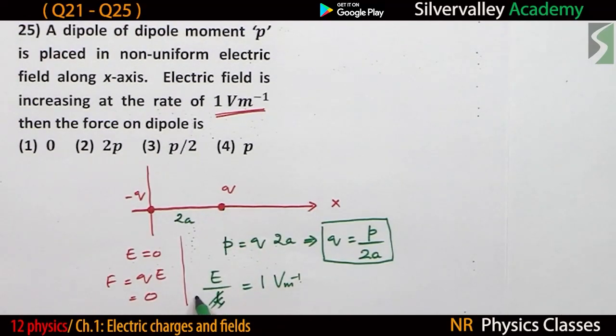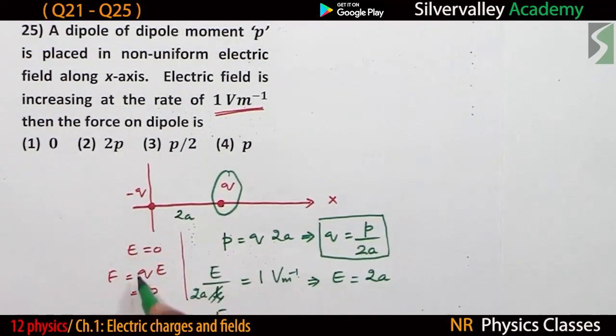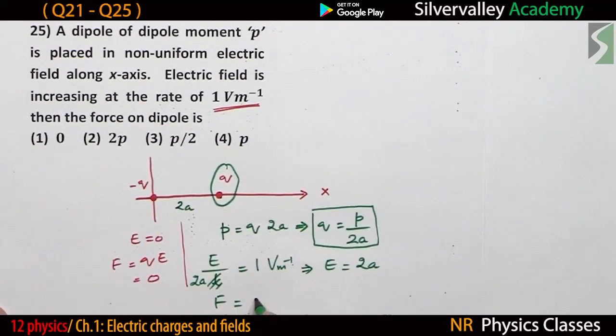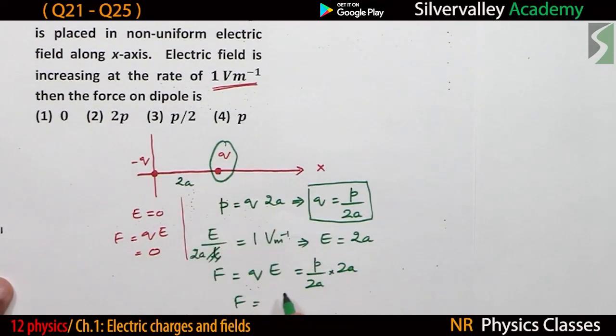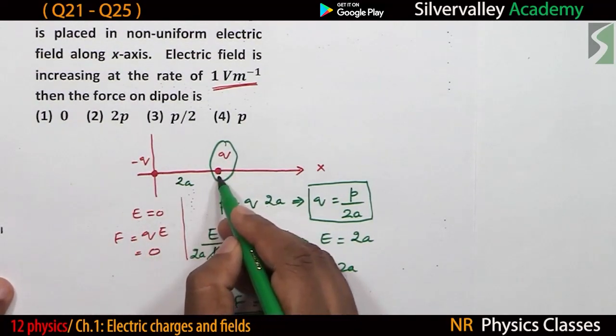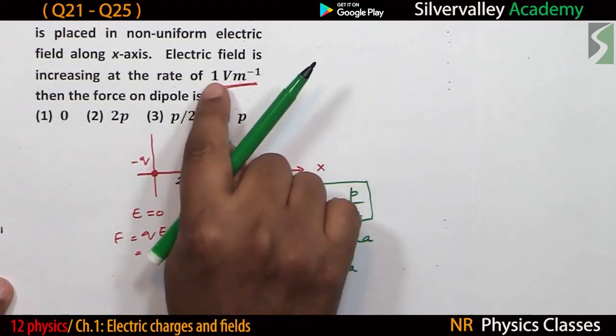So instead of L, let me consider 2a. Implies electric field equal to 2a into 1 is 2a. Now force on this charge is 0. Force on this charge is charge into electric field. Charge is P by 2a. Electric field is 2a. Therefore, force on this charge is P. If force on this charge is 0, then force on this charge is P due to this increase in electric field.